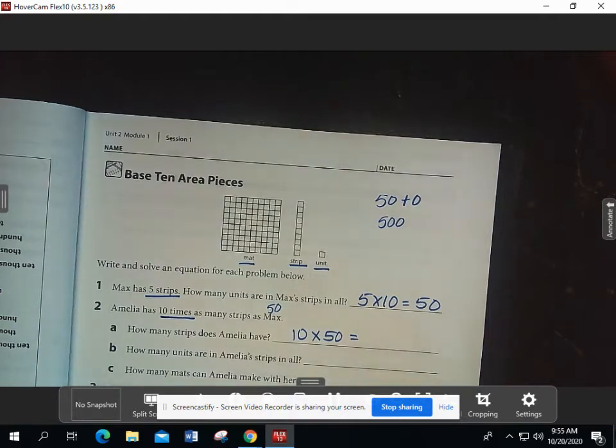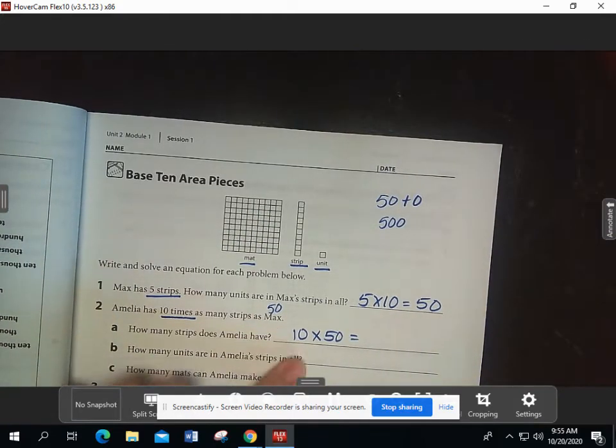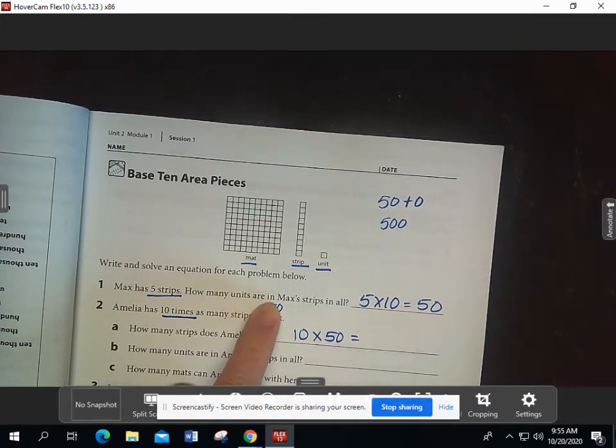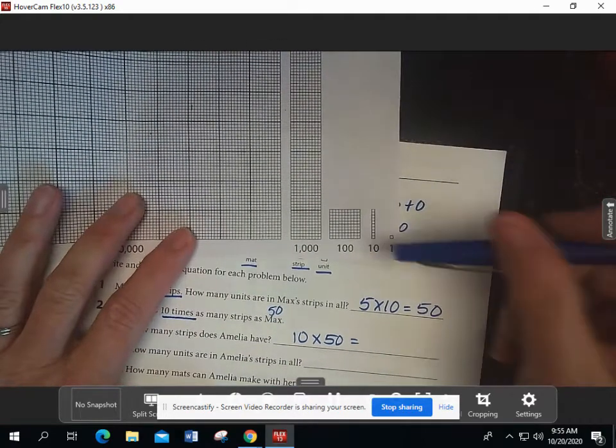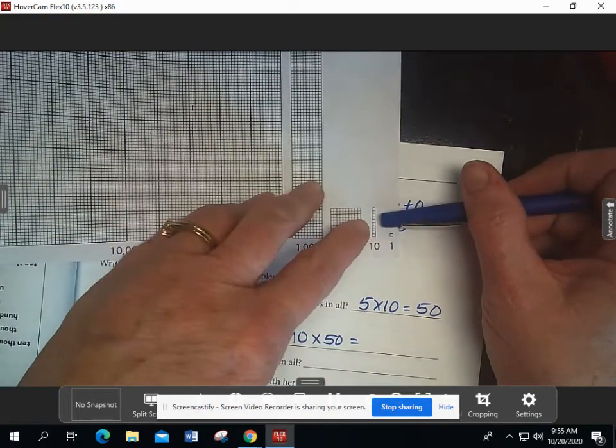See, now that's the problem that we have, is that a lot of you were taught to add a 0, whether your parents did it or not. It's asking us to do is that she has 10 times as many as what Max has. So if Max has 5 of these, you would multiply that times, what is 10 times 10?